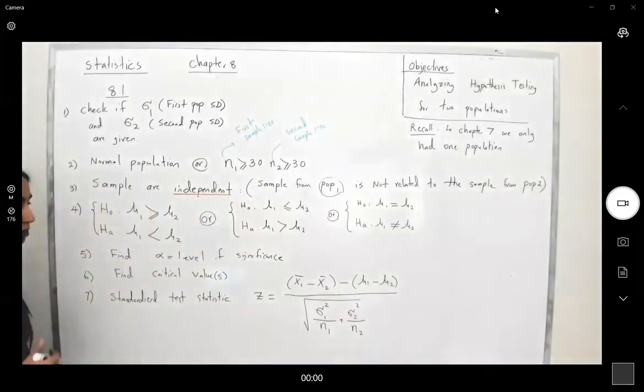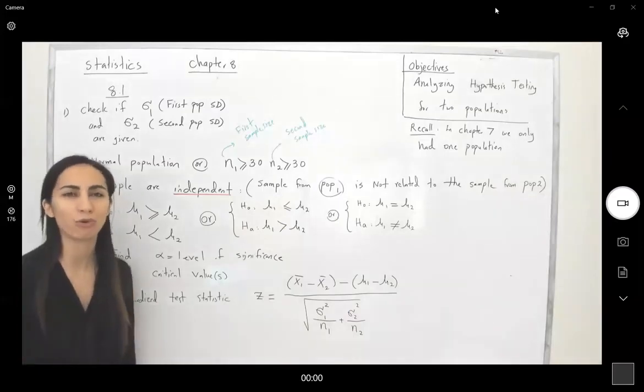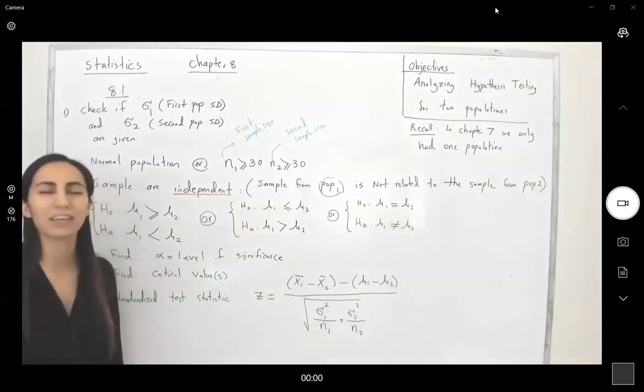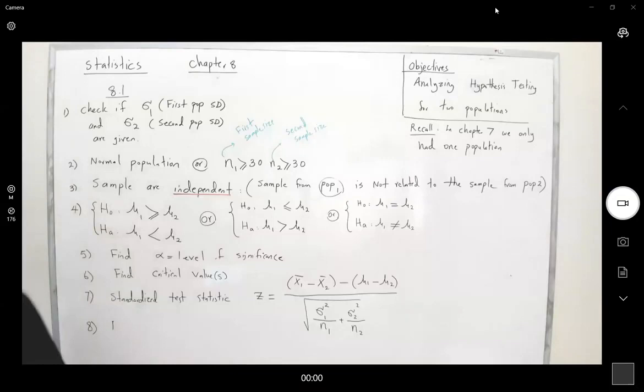And as usual, we check to see if z is inside the green region, or rejection region. If it is, we reject the null hypothesis. So why is it different from the lectures? The standardized test statistic is different.